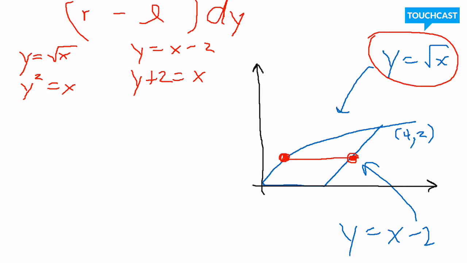It's going to be the rightmost x, which is the x from the linear boundary, minus the leftmost x, which is the x from the square root function. So that's the integral I'm going to write, and you can see at the top of that next page another way you can think about integrating.